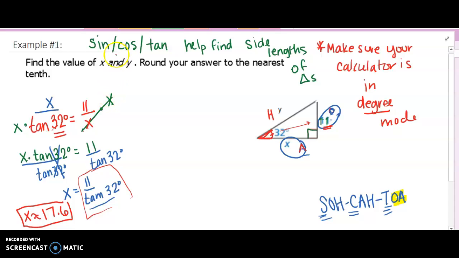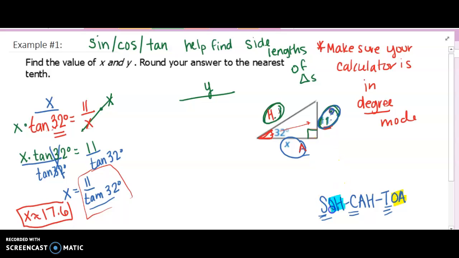Okay. Now, next I want to solve for my y. Notice my y is the hypotenuse. So I want something that uses the hypotenuse, and since x is a decimal and it's rounded, I'm just going to go back to what we know. We know my opposite. I want my hypotenuse. So I'm going to look down here at sine, cosine, and tangent and ask myself, what pairs O and H together?